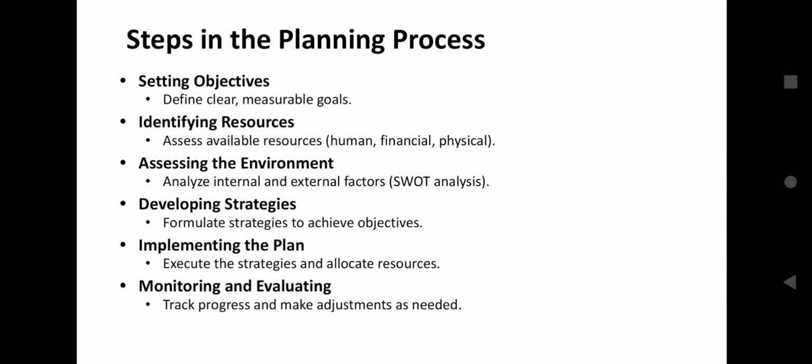What is a measurable goal? Specific, relevant, time-bound. If the goal is 100 years, it is definitely a long-term process. We cannot expect profit within a month or a year. Definitely we need a measurable goal.